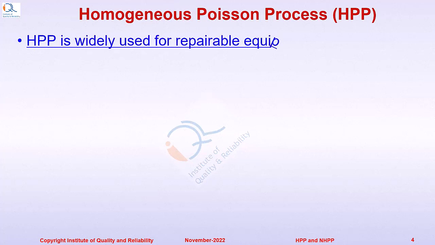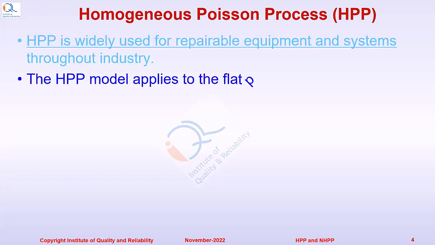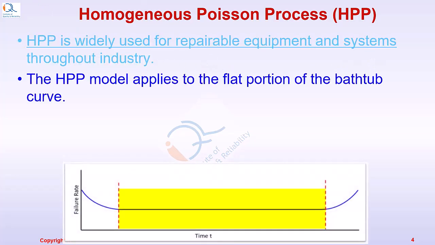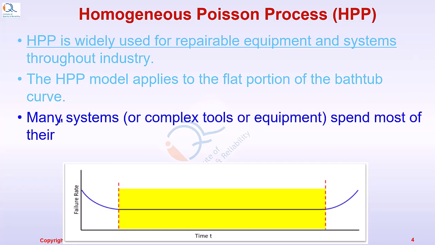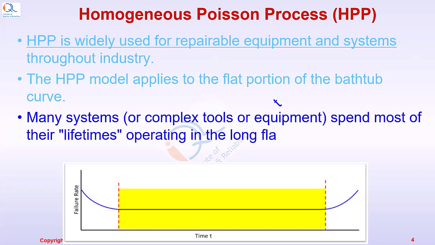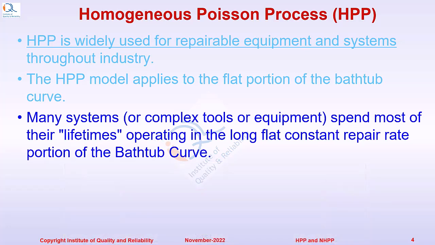HPP is widely used for repairable equipment and systems throughout the industry. The homogeneous Poisson process HPP model applies to the flat portion of the bathtub curve. Many systems or complex tools or equipment spend most of their lifetimes operating in the long, flat, constant repair rate portion of the bathtub curve.